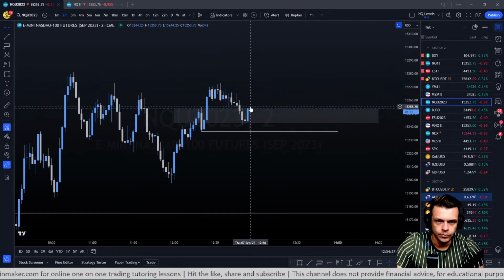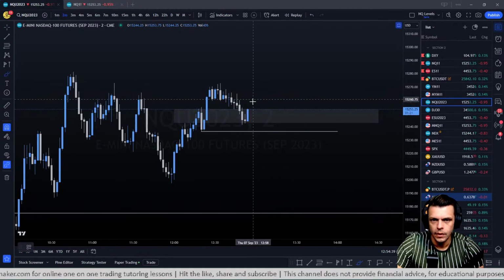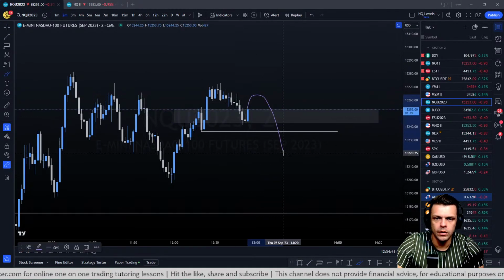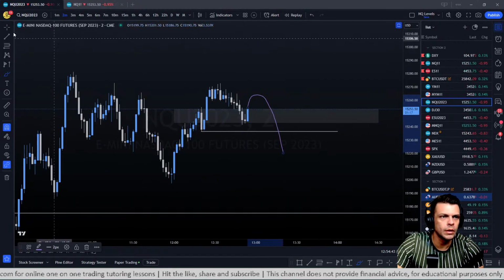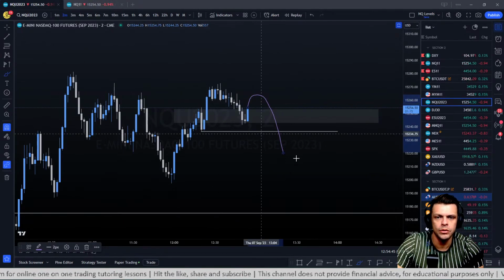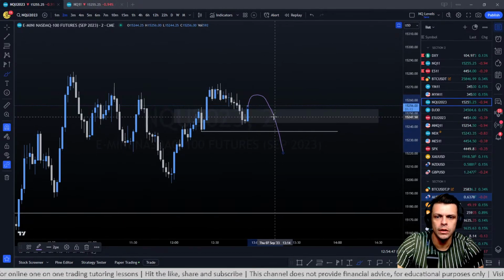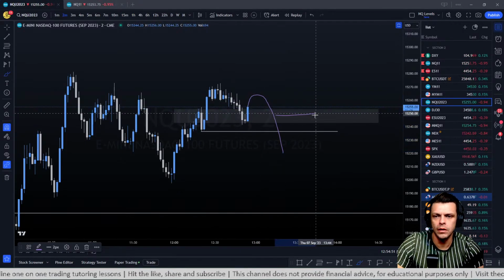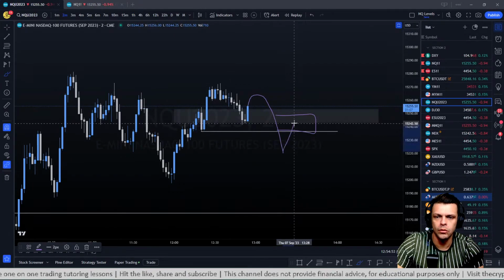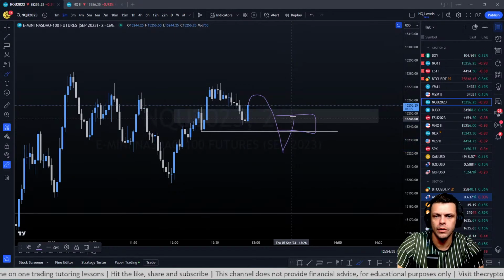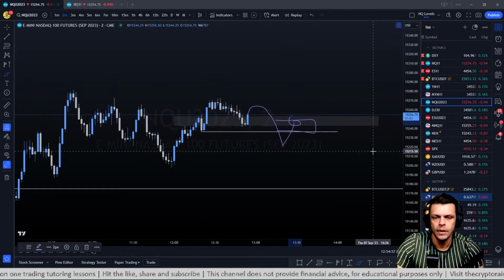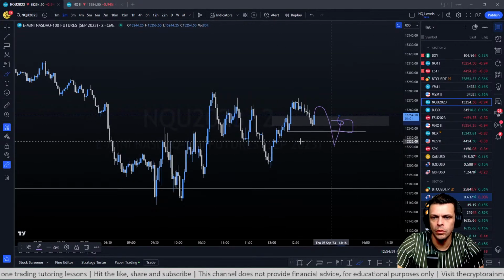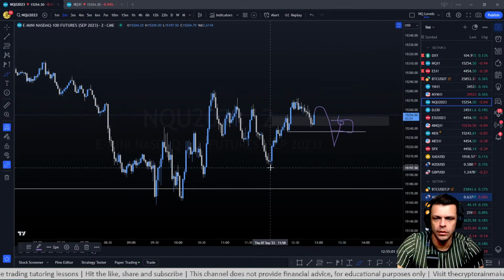Okay, so if we get the displacement below this low, that will give us a bearish market structure shift. So we just want to see that displacement. The displacement just has to give us a fair value gap that we can target for re-entry. Then you enter right there, and then I will take my first TP right here.